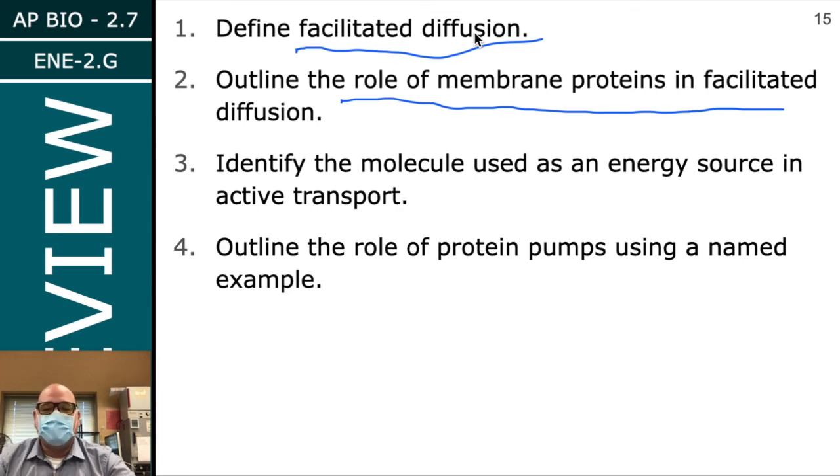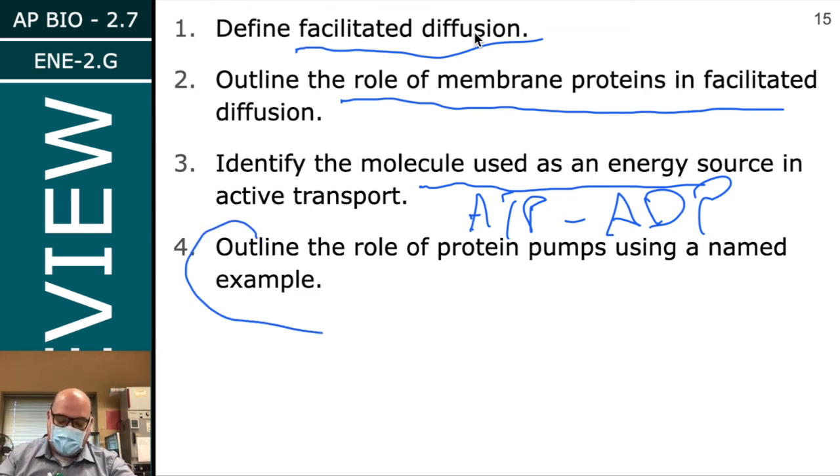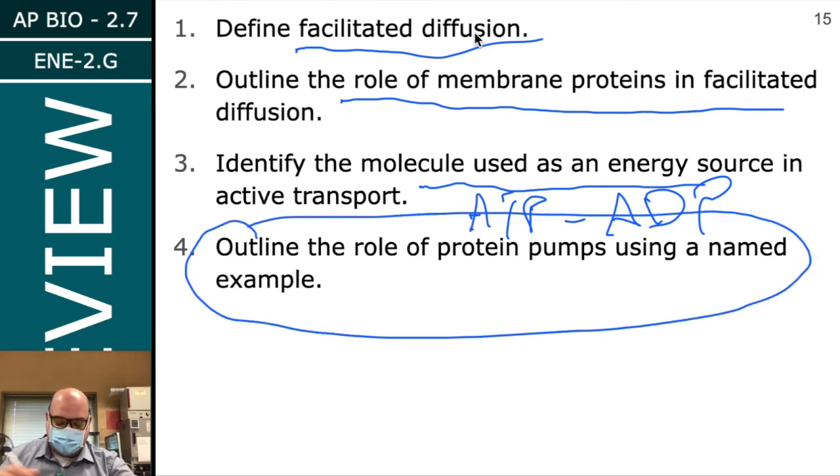Well, Mr. Sater, there's a protein for every ion or every substance, and they are pumps that use energy. And what kind of energy does it use? Well, Mr. Sater, you use ATP, and as it gets used, it turns into ADP. All right? And you want to outline how one of these works. Well, that's going to be a little bit outside the scope of this lecture, so we'll have a separate assignment to address that.